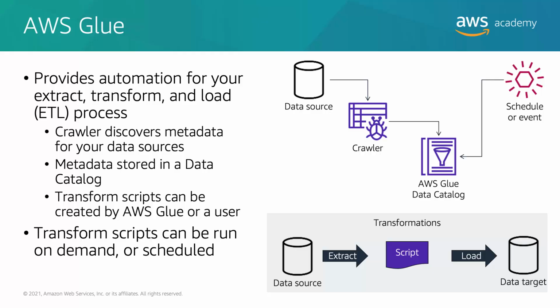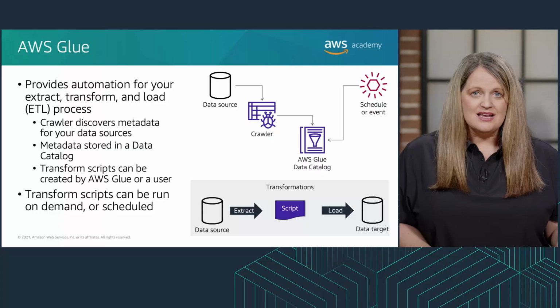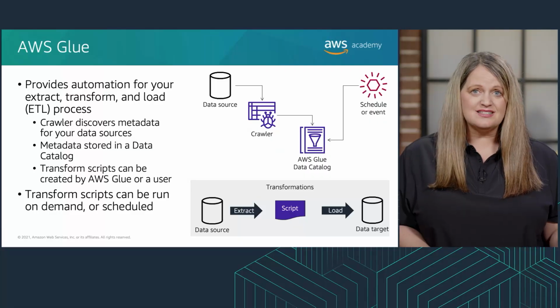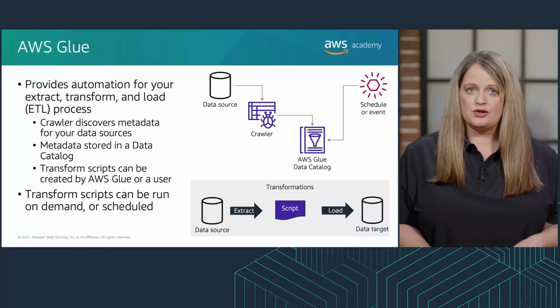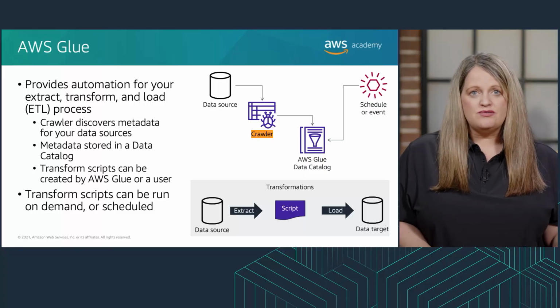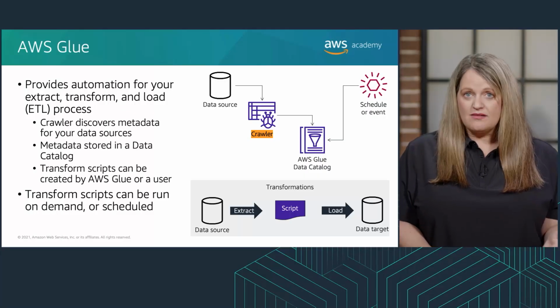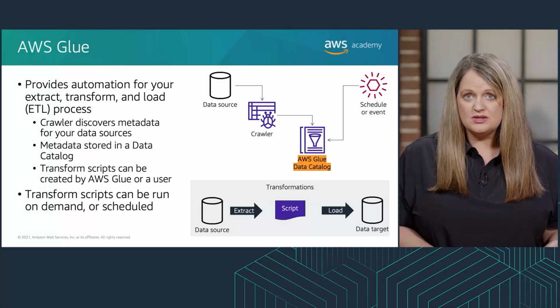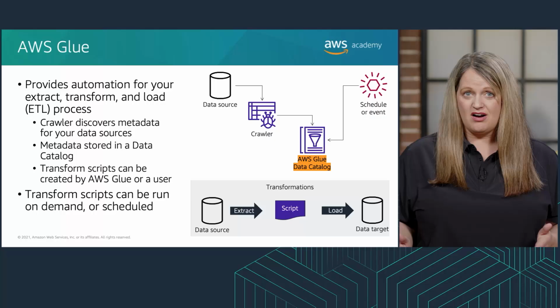You can use AWS Glue to discover the structure of a dataset and to automate ETL processes. The diagram here illustrates the major components for an ETL system based on AWS Glue. First, you define a crawler, which discovers metadata based on your data. AWS Glue then stores this metadata in a data catalog.